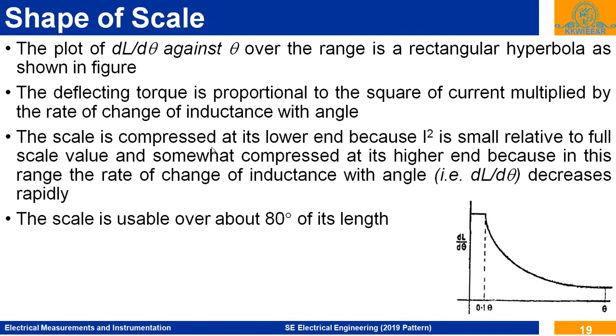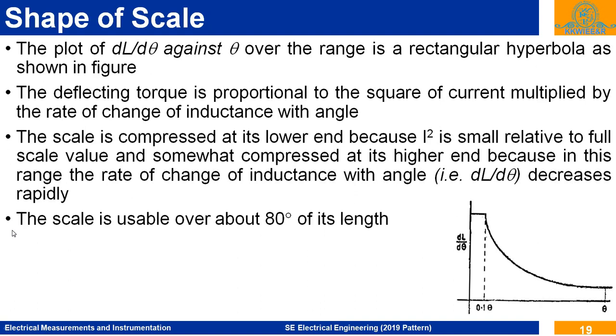The scale is compressed at its lower end because I square is small relative to the full scale value, and somewhat compressed at its higher end because the rate of change of inductance with angle, dL by d theta, decreases rapidly.